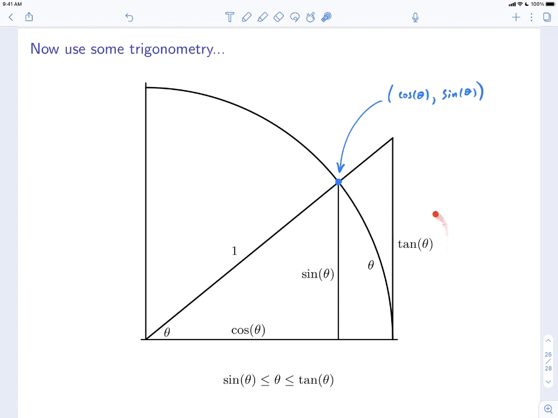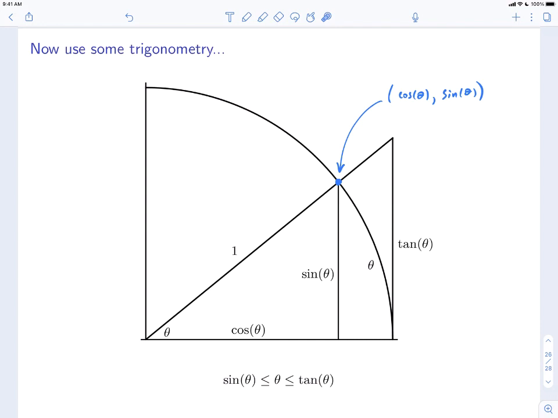Notice over here that there's a tangent theta. What's that doing here? Here we have another right triangle, which is similar to the first one. We know that it's similar because this measure is theta, and it's a right triangle. What do we know about tangent? Tangent is opposite over adjacent, but the adjacent side is a radius of the circle, so this length is 1.